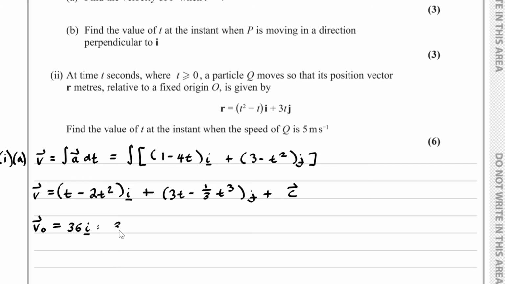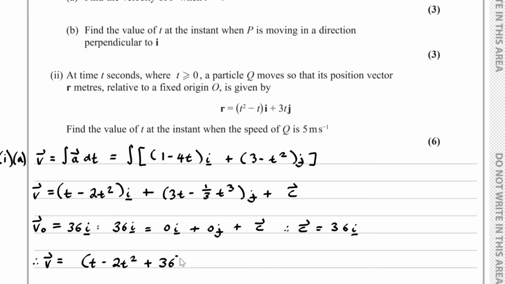So using this, we have 36i is equal to, well, here we end up with 0i, here we end up with 0j, and then of course we have plus c. So therefore, c is equal to 36i, and we can therefore conclude the velocity is given by t minus 2t squared plus 36, all in the I direction.